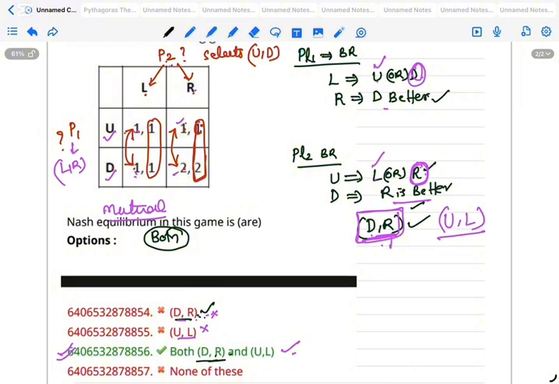Which one is better? 2 is more, so D is better for the first condition.